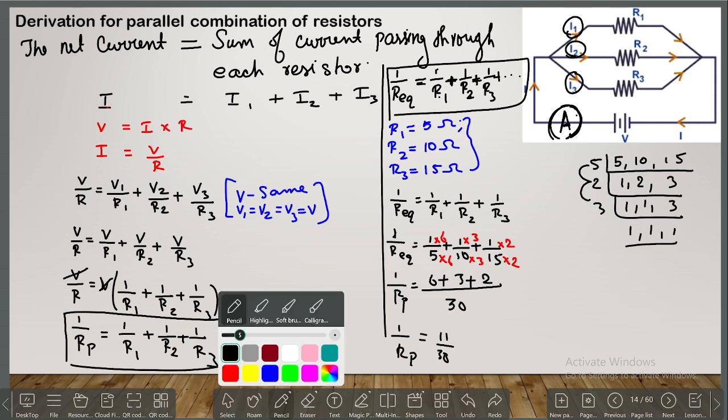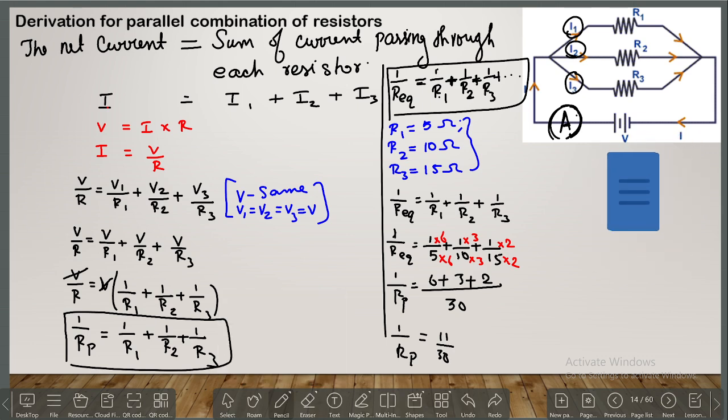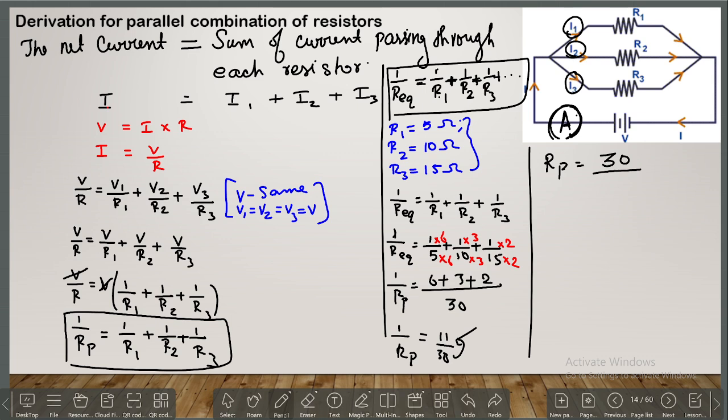So since we need Rp alone, means we can take the reciprocal over here. Reciprocal means the denominator will go to the numerator and numerator will come as the denominator. So therefore Rp is equal to, here what is the denominator? 30 is the denominator, that will come as a numerator, and 11 is the numerator, that will come as a denominator.